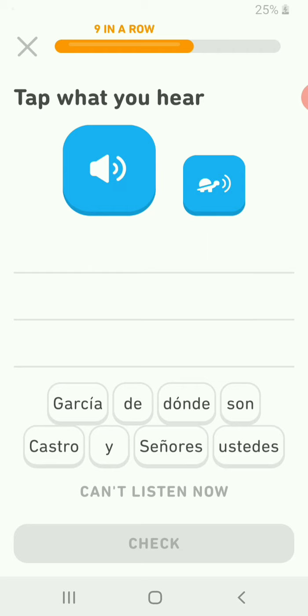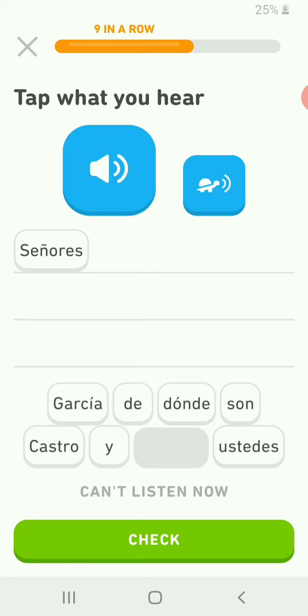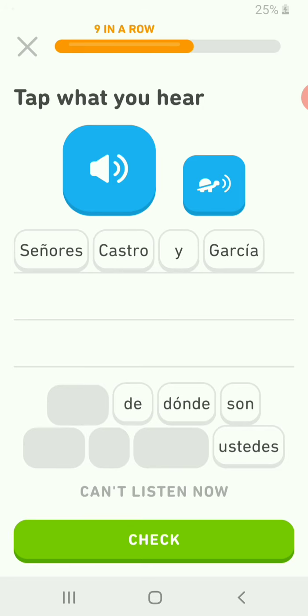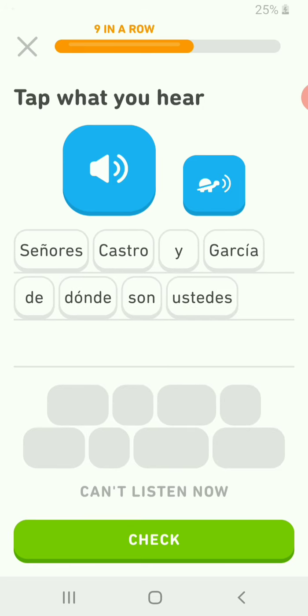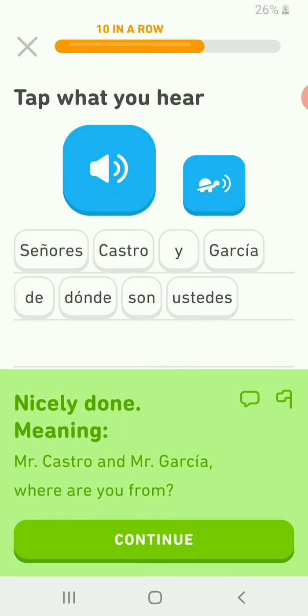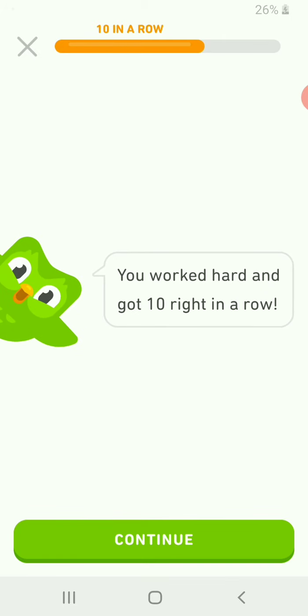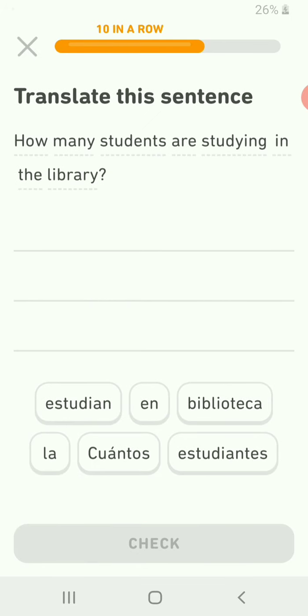Señores Castro y García, ¿de dónde son ustedes? So this time is the first time that we have the title señor, which is sir, in plural, but this is also possible.